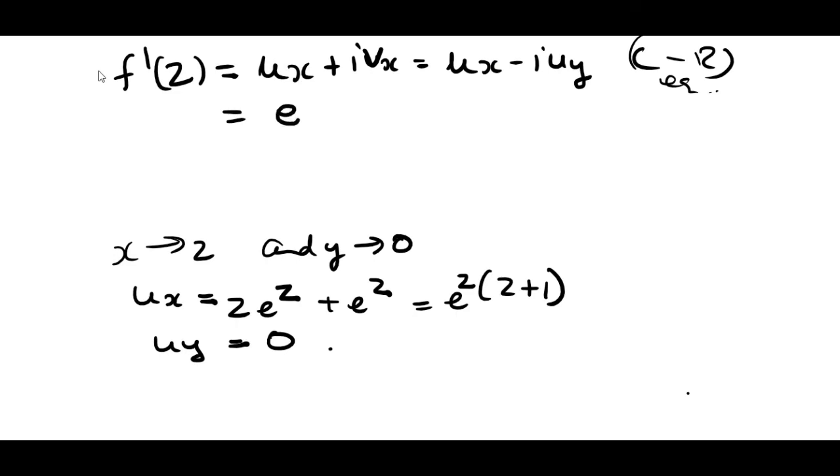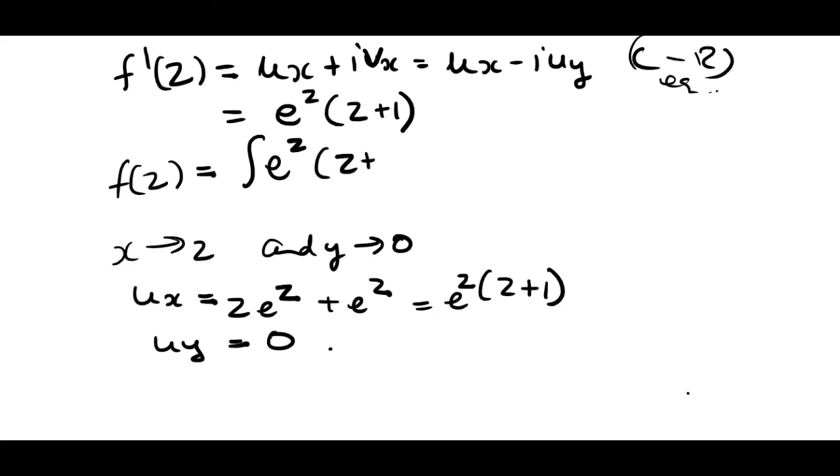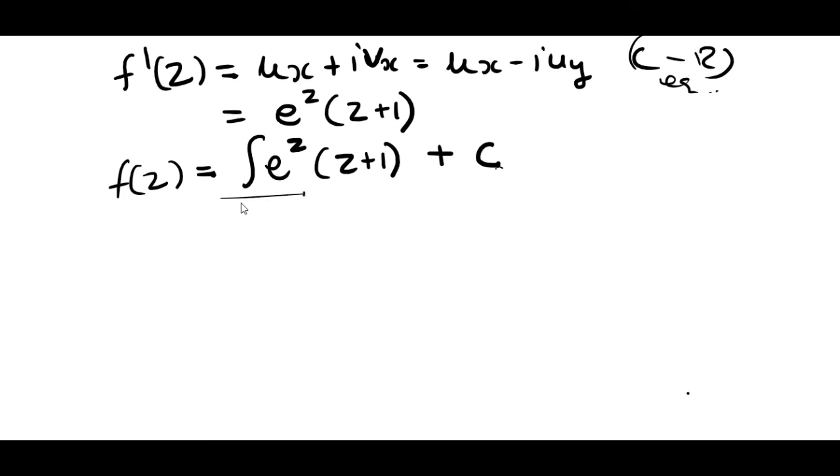Then this will become e^z (z plus 1). So our required function f(z) is equal to the integration of e to the power z (z plus 1) plus c. Again, see, this c is a complex integral constant. Don't forget this. After integrating this, you will get z e to the power z plus c.